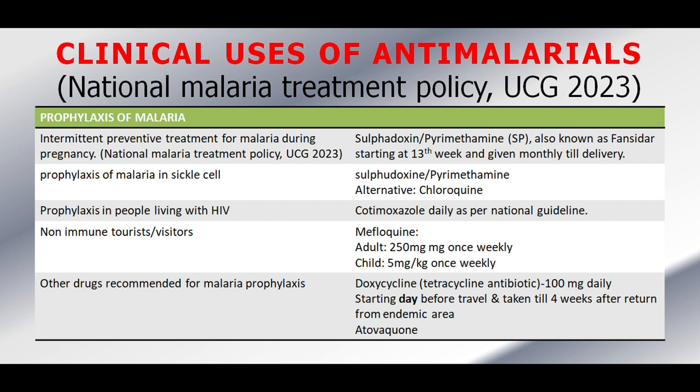You give 100 milligrams daily, starting the day before traveling to the endemic area, and it's taken till 4 weeks after return from the endemic area. Then secondly, we have atovaquone, which is also used in the prophylaxis of malaria.